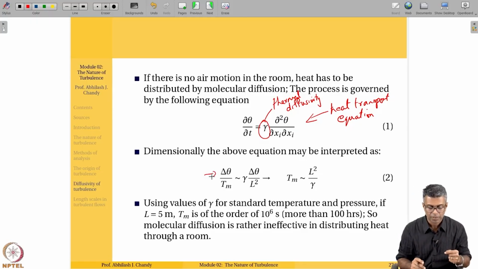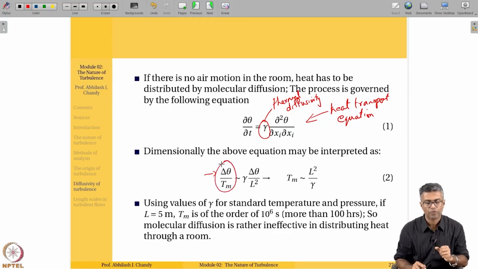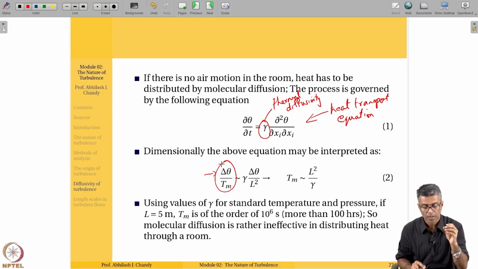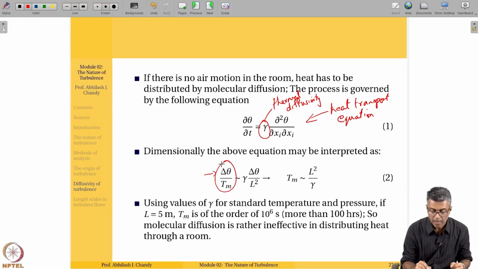And then delta theta over Tm represents an order of magnitude analysis of the left hand side of equation number 1. Delta theta over Tm. I'll tell you what Tm is. It's a time scale that is involved in this equation. Delta theta over Tm is gamma, which is again the thermal diffusivity.